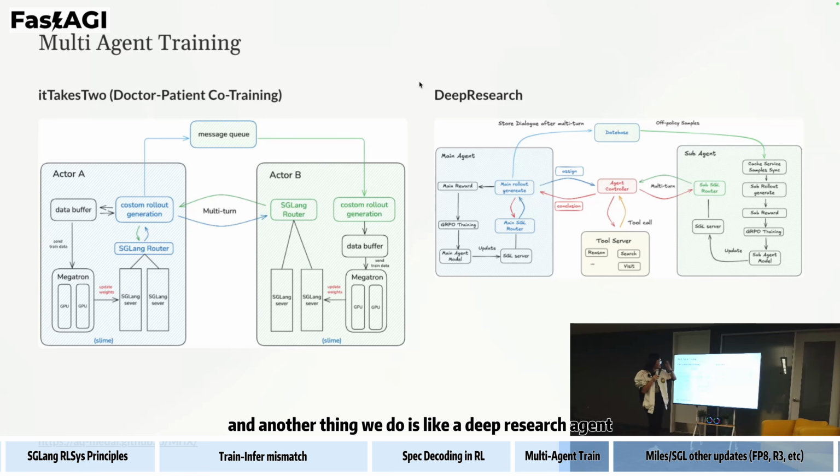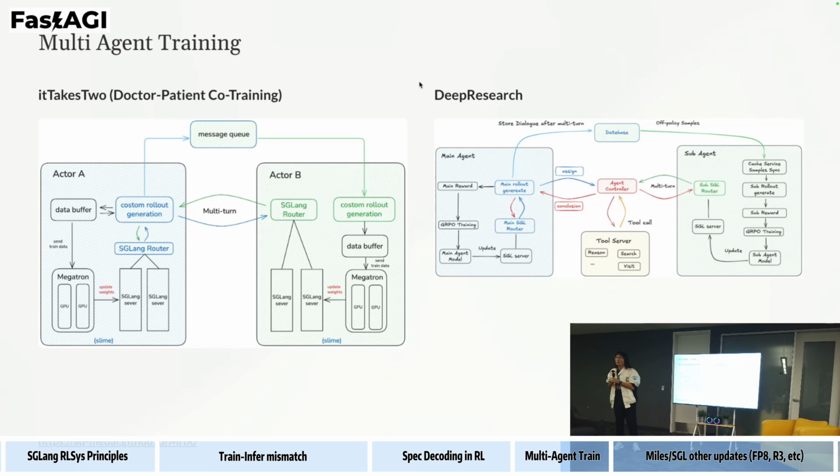And another thing we do is a deep research agent. Ideally speaking, a deep research agent does not need to be a multi-agent system, but if you are using an agent to search Google, Google returns you a bunch of long context. So if you are just using one LLM to do deep research, it may easily exceed your context length.